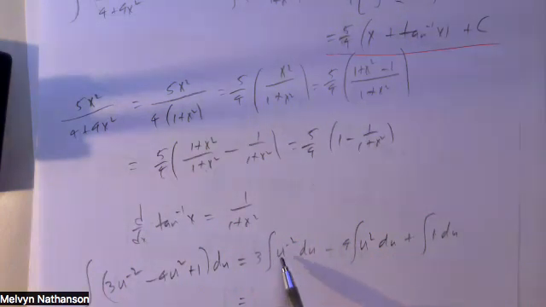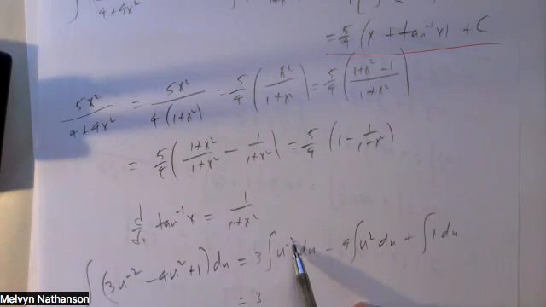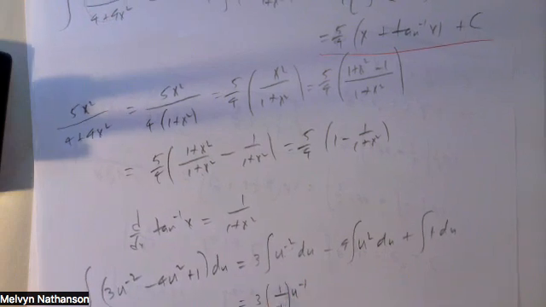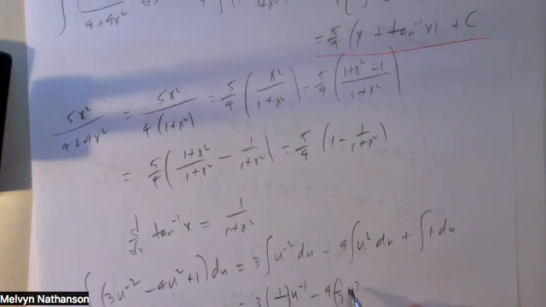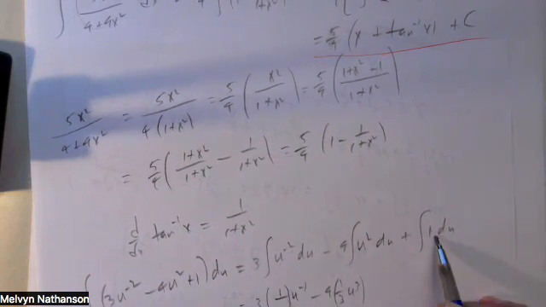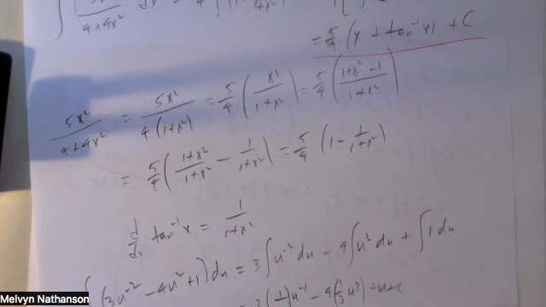The antiderivative of u to the minus 2, if I add 1 to minus 2, I get minus 1. So I get 1 over minus 1, u to the minus 1. The antiderivative of u squared is 1/3 u cubed. And the antiderivative of 1 is u plus a constant.